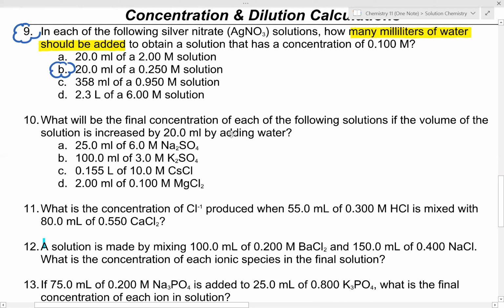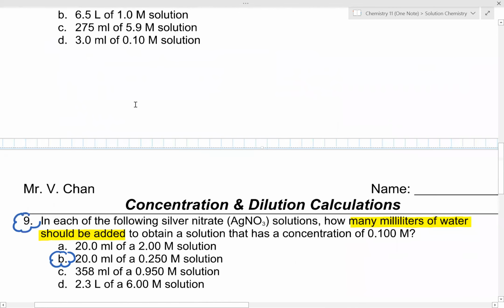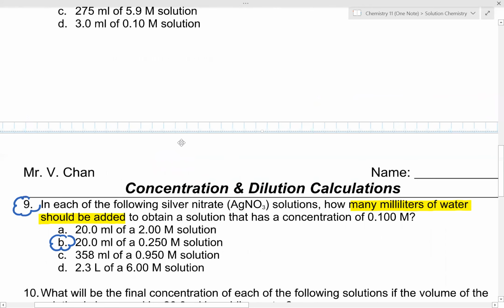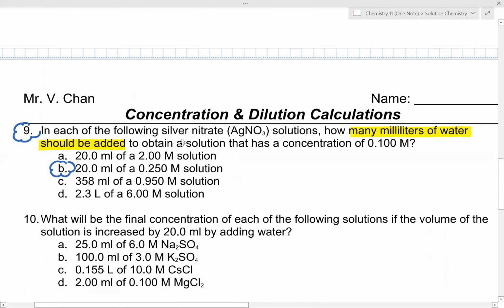So what does it mean when it says the solution is increased by 20 mils? That is something that you have to be careful of. It's not always that straightforward as in question numbers, let's say 6, 7, and 8. But you might have to look into the questions a little bit more.